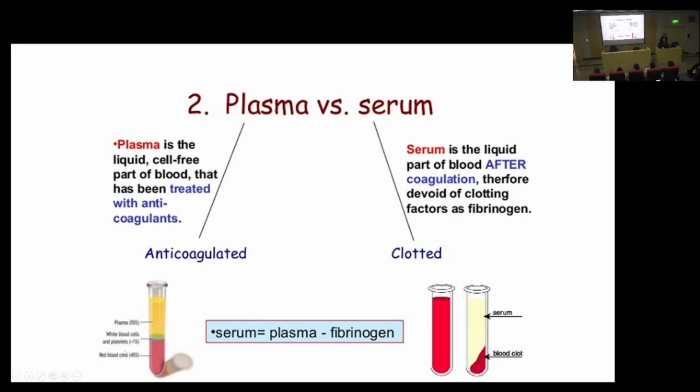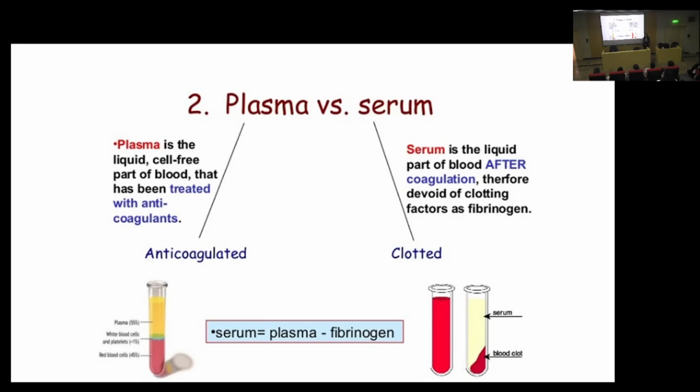Now the next question is, what is the difference between serum and plasma? Serum is plasma without the fibrinogen, without the clotting factors, because here a blood clot happened. And for a blood clot to happen, usually it activates a lot of proteins and clotting factors, including fibrinogen.